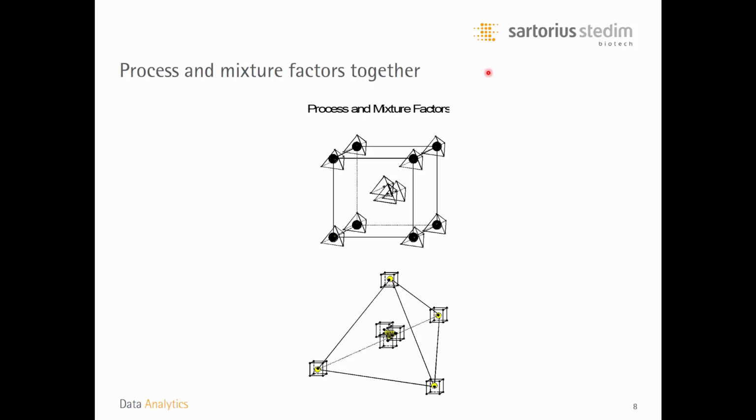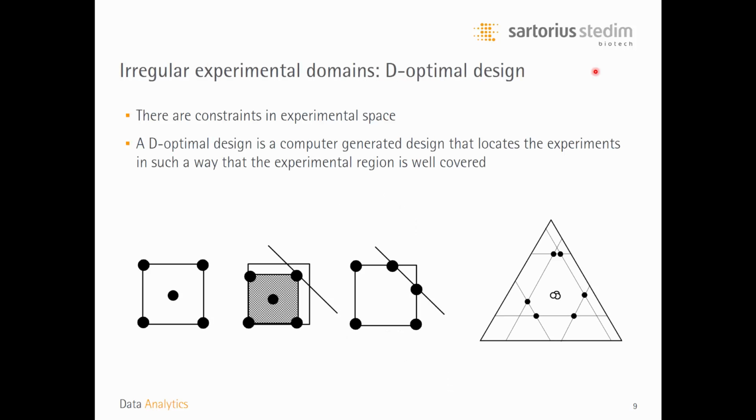Of course, we can also handle them in one and the same protocol. And depending on the perspective we choose, we can render such combinatorial or hybrid designs using different representations. And yet another level of complexity is then introduced when there are constraints in the experimental space.